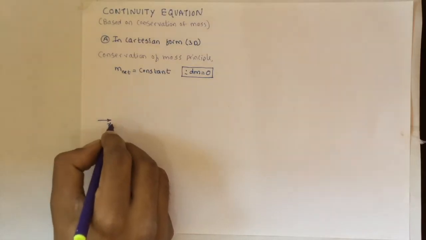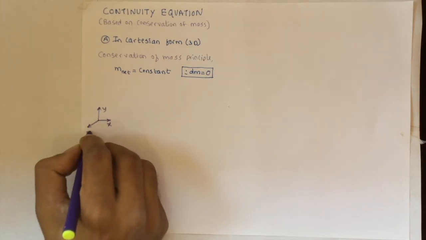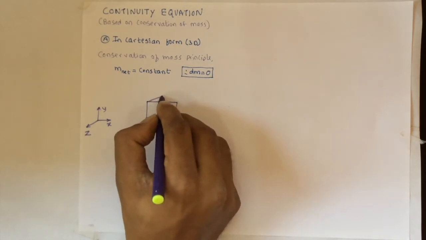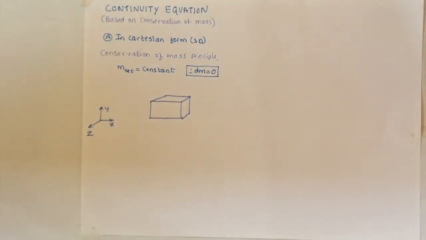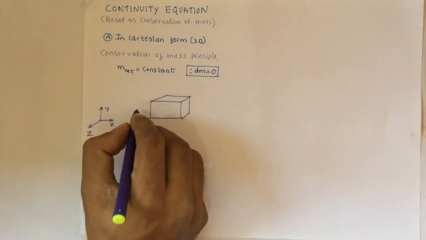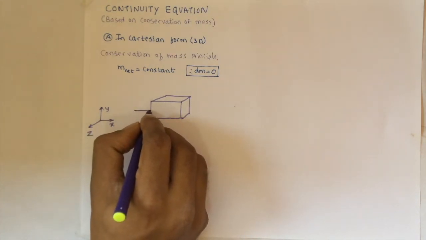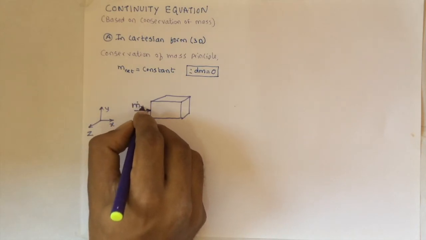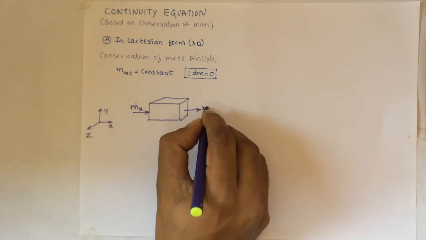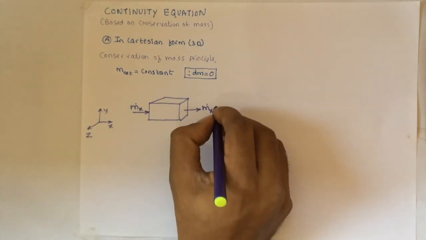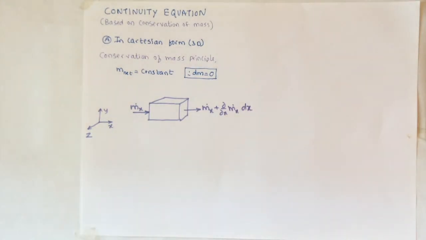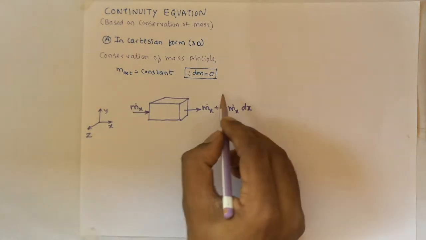Let's take an example. These are the coordinate axes x, y and z, and let's assume a small element in the flow. Let m dot x be the mass flowing into the cube along the x direction, and the mass flowing out of the element in the x direction should be m dot x plus some change in that mass, which we can write as m dot x plus dou by dou x of m dot x times dx.